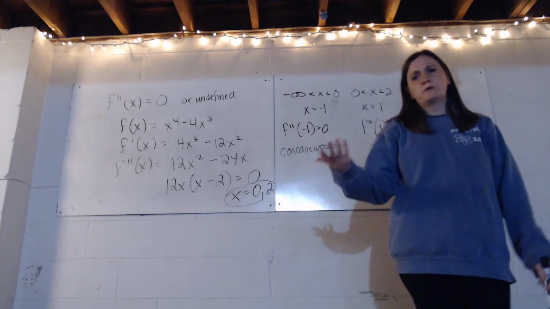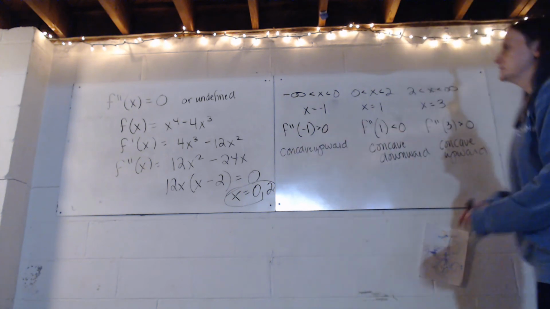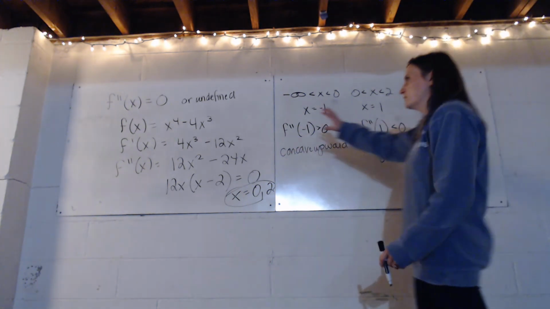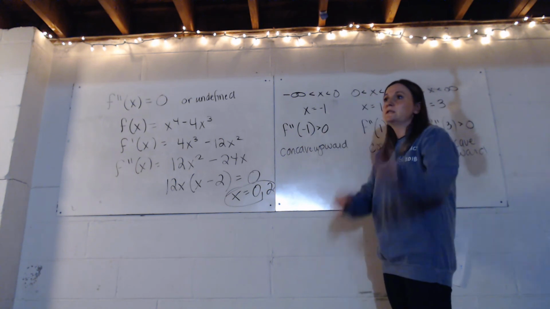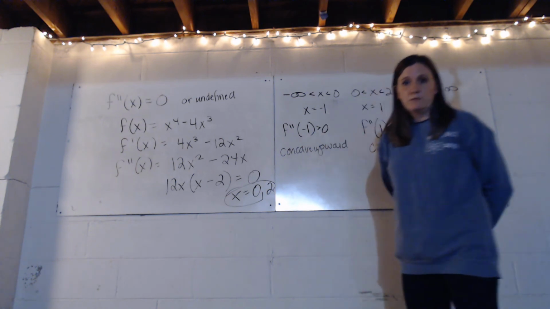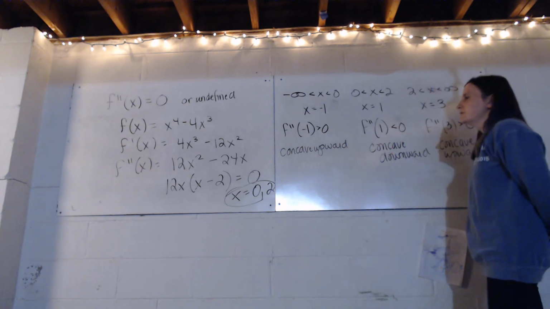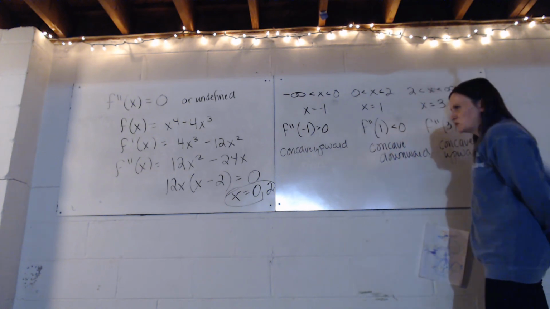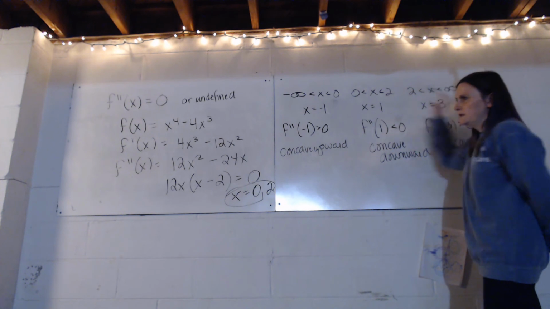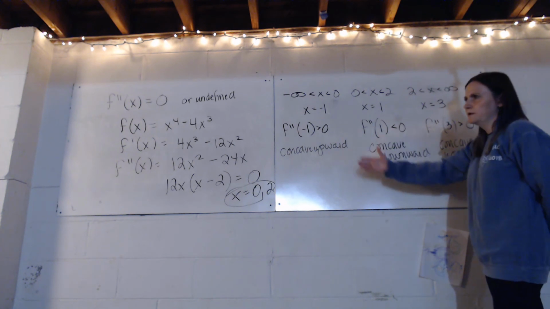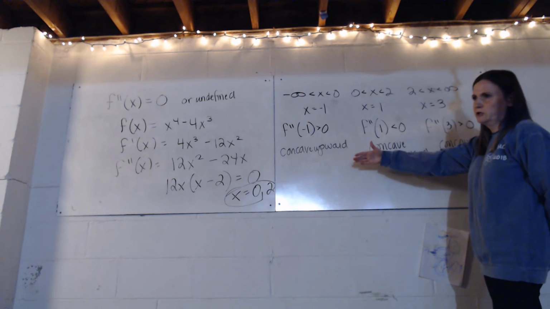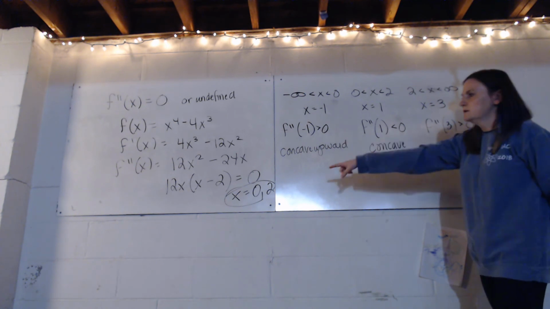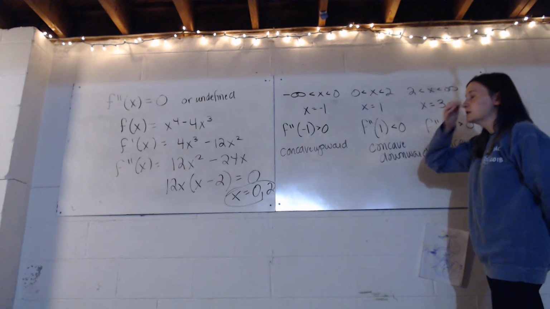So we can use those points of inflection, places where the second derivative is 0, to determine where we have intervals of concave up, so that means where our slope is increasing, and then where our slope is decreasing when we're concave down. The last concept, so this you do really with the problems we were previously doing. To find your places where things are concave, you have to use points of inflection.